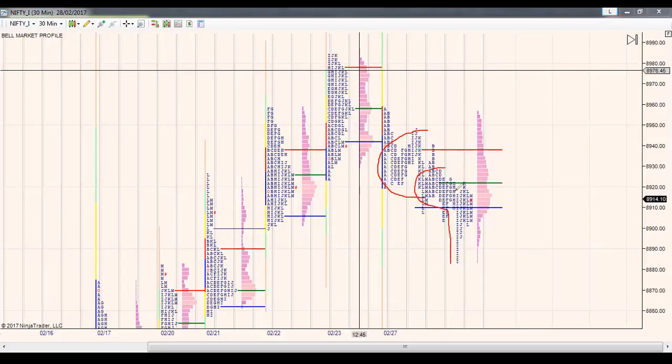So this was the Q shape I was talking about in yesterday's video log, and as soon as it reached the first reference below, as we had discussed earlier, that since the value was developing higher, any move away from value is most likely to be contained by the first reference that is available. So this first support level itself contained this down move and pushed back the prices back into today's value area, and at that time this volume point of control was here and we moved up and repaired that.